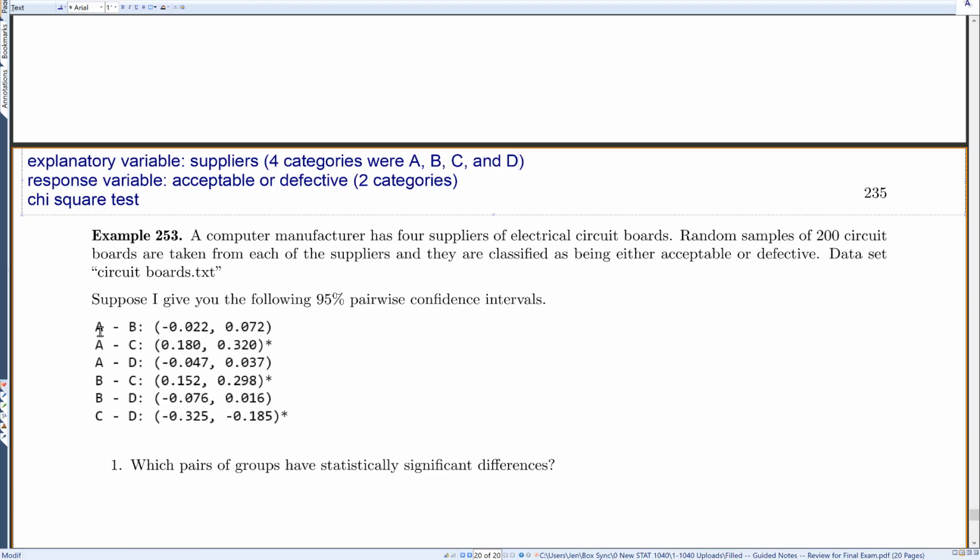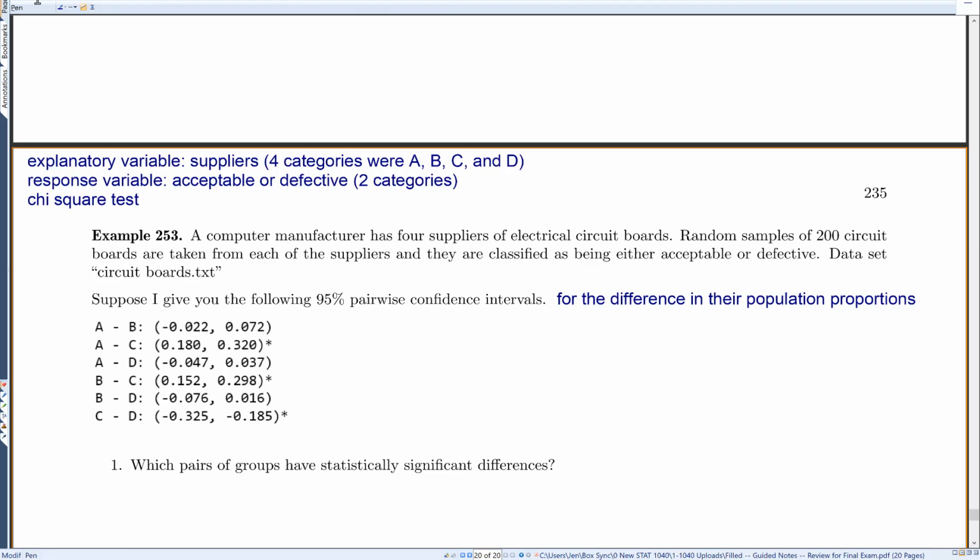So these are for each group: A compared to B, A compared to C, A compared to D, B compared to C, etc. It's all of the possible pairs that you could have. And these are the confidence intervals for the differences in their population proportions.